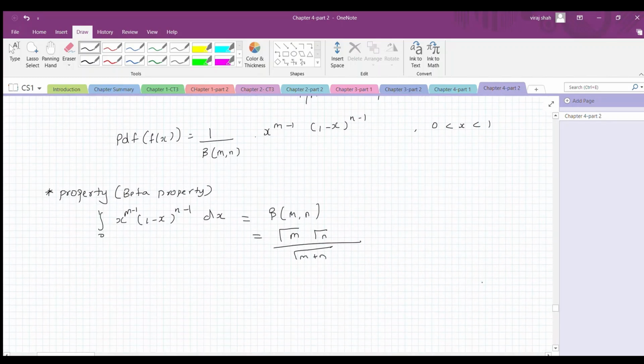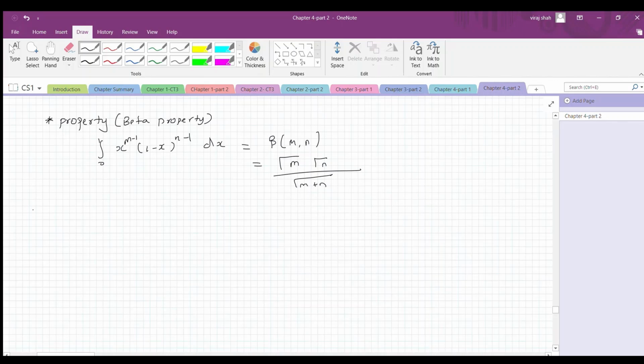So yeah, let's go ahead and find the mean, or expectation of x, or I can say average. This means exactly the same; there is no difference between any of them.